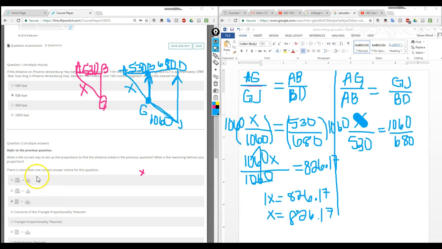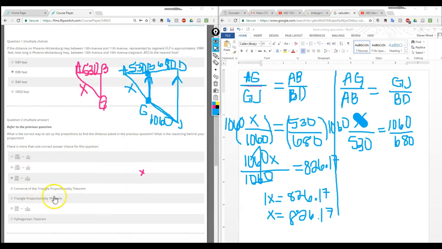So they have x over 680 equals 530 over 1060. And then they have x over 1060 is equal to 530 divided by 340.